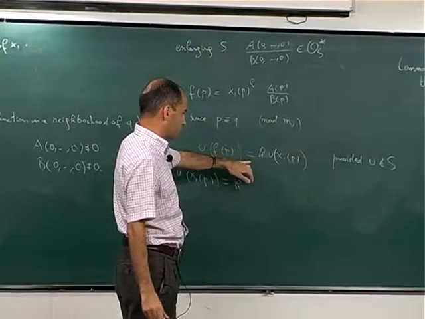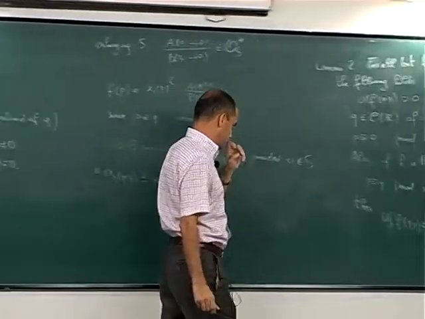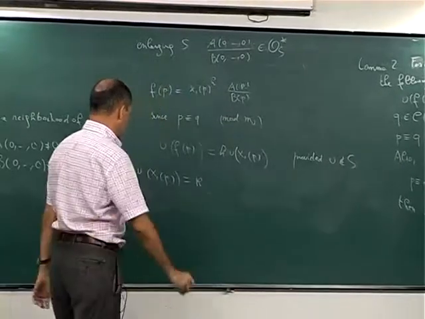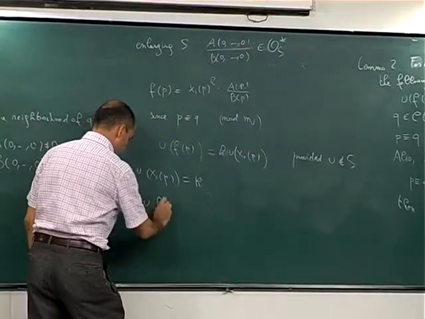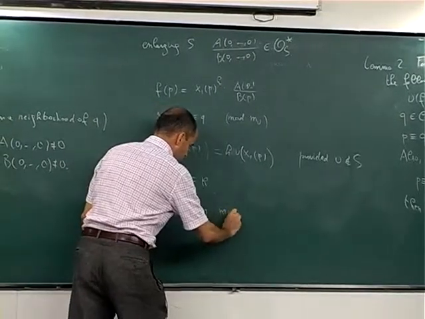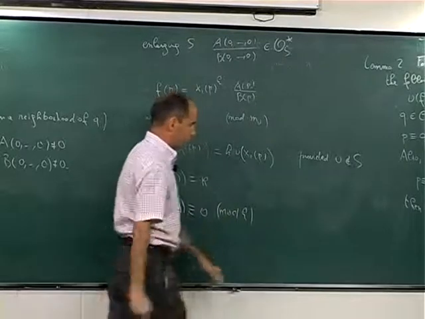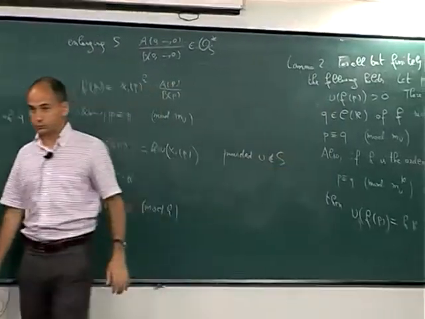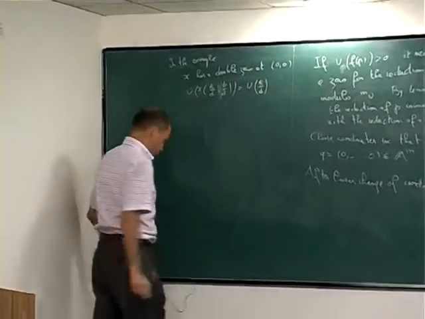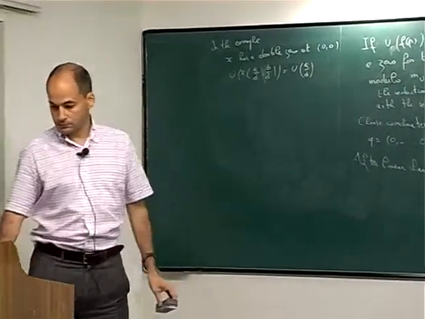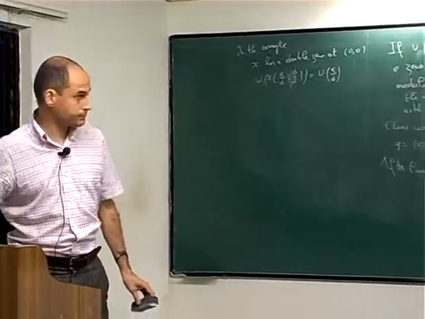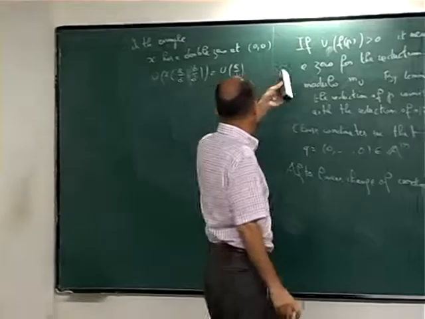But actually what I really need is that this value is congruent to 0 modulo h. So this is the corollary of lemma 2 which I need. So now the proof is finished.